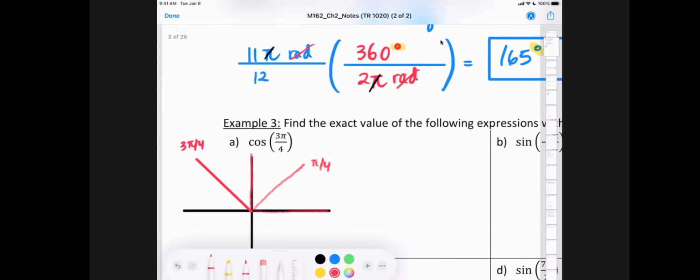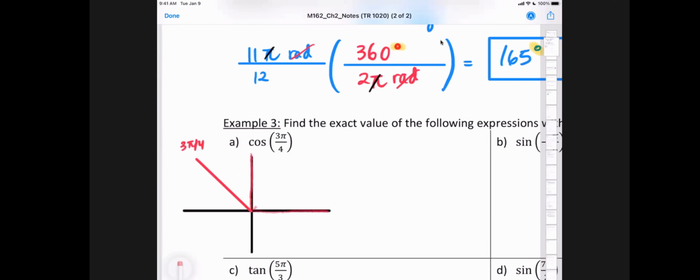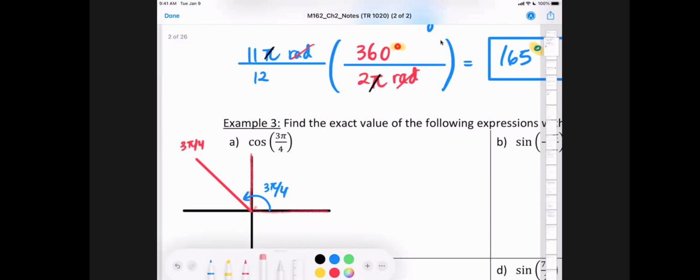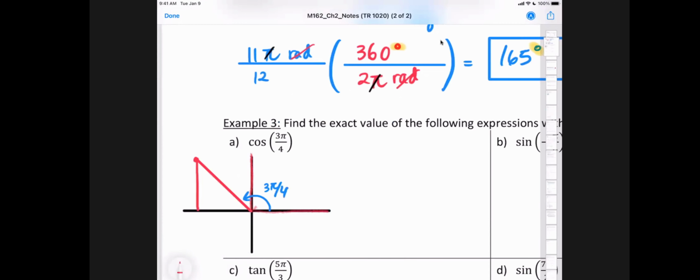There's our little sketch. We terminate at the counterclockwise rotation from initial to terminal side, 3 pi over 4, and then we drop down. We take this terminal point and drop it down to the x-axis, creating that right triangle.